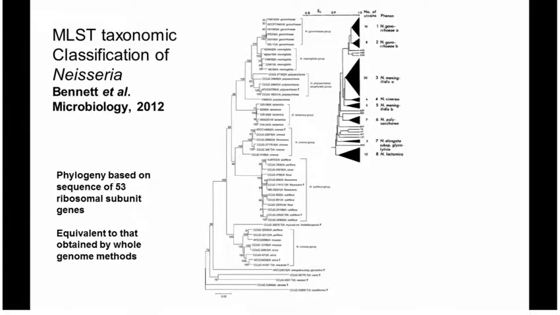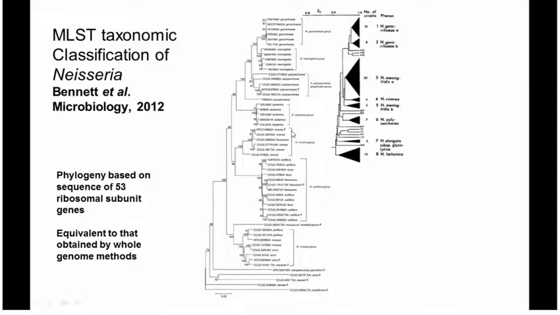So this is an example of classification within one genus. You're classifying species within the genus Neisseria. So it works. We're getting clustering of the pathogens together, and all the non-pathogenic species cluster together.